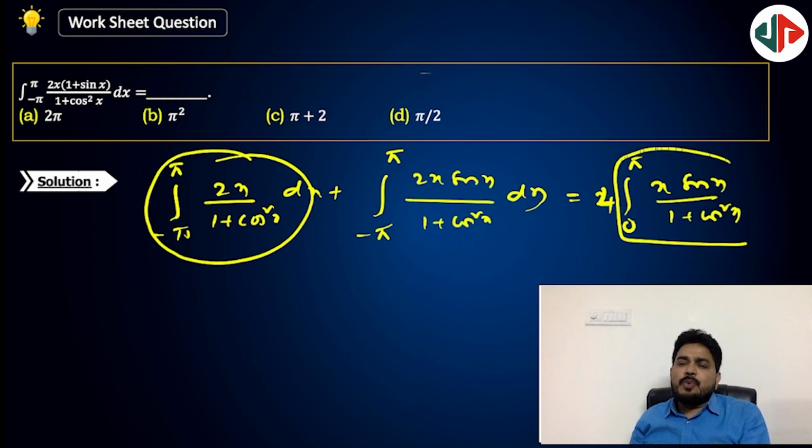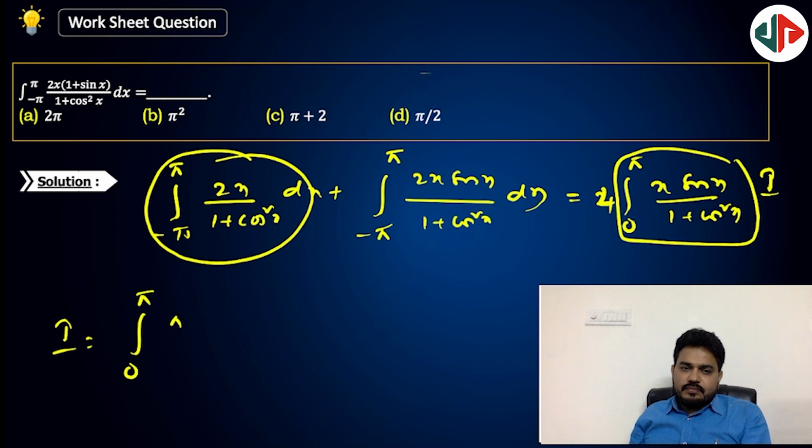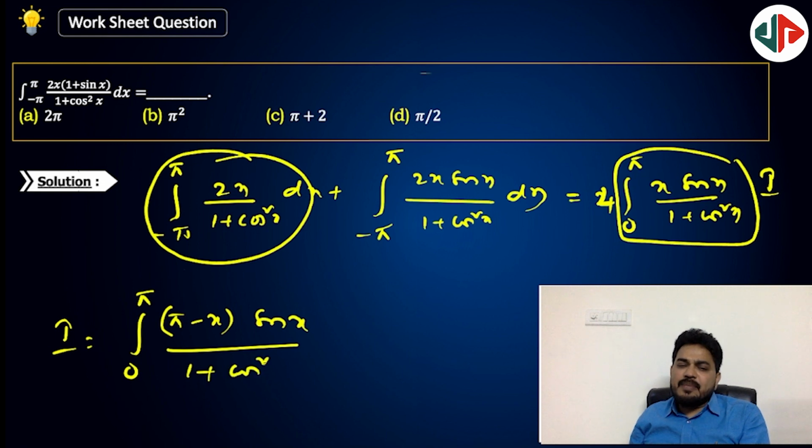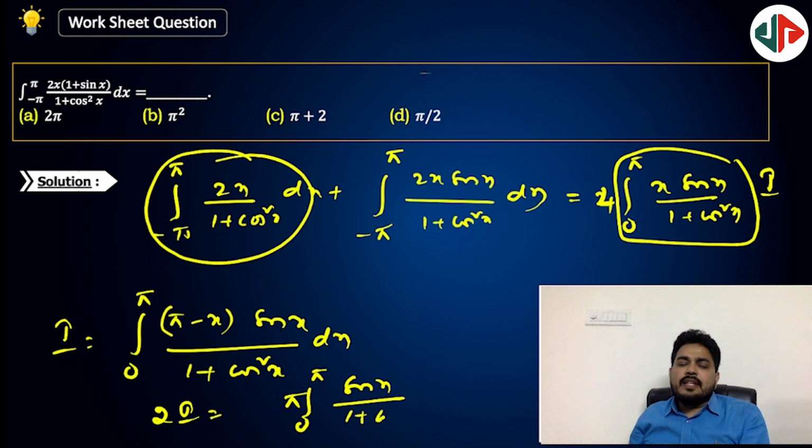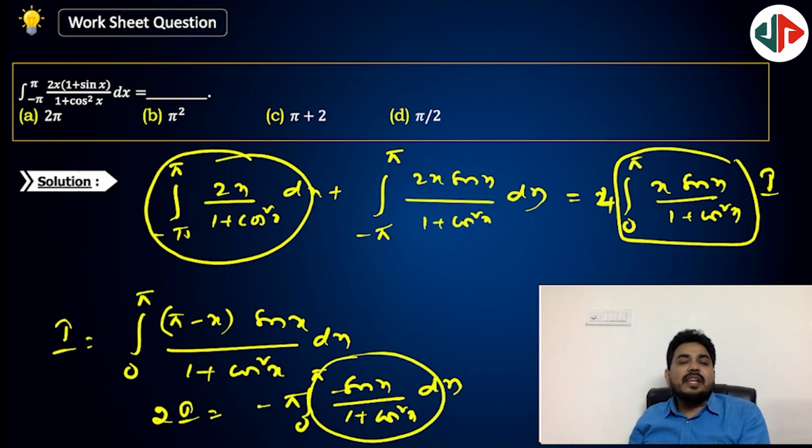If I take this portion as I equal to integral 0 to pi of (pi minus x), sin pi minus x is sin x, cos pi minus x is minus cos x but whole square is there. So from here 2I is equal to integral 0 to pi, pi outside, sin x by 1 plus cos square x dx. If I write minus, this is tan inverse of cos x will come.